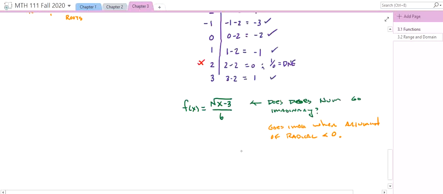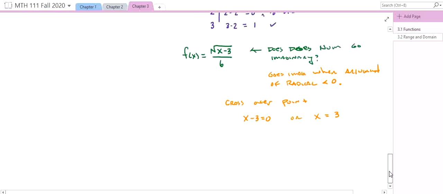The crossover point occurs when x minus 3 equals 0, or when x equals 3. So when x equals 3, this equals 0. We're allowed to do the square root of 0.